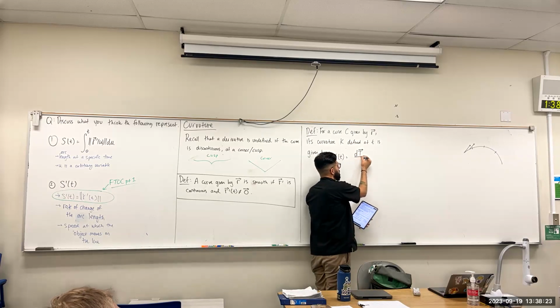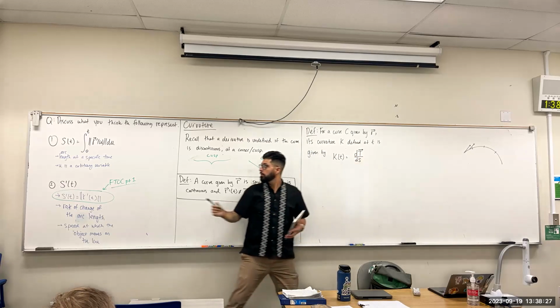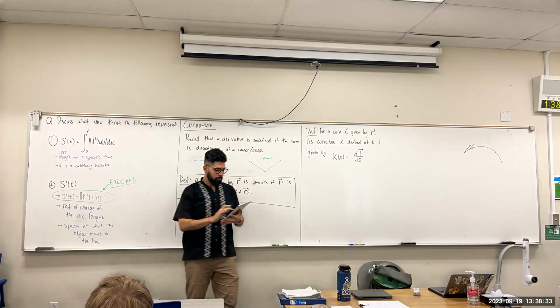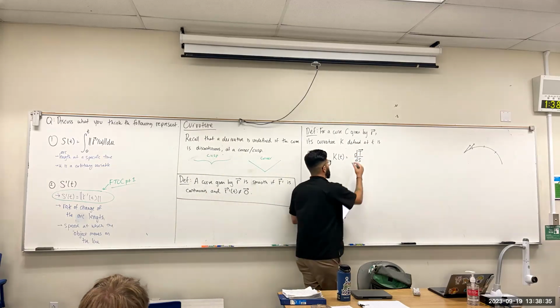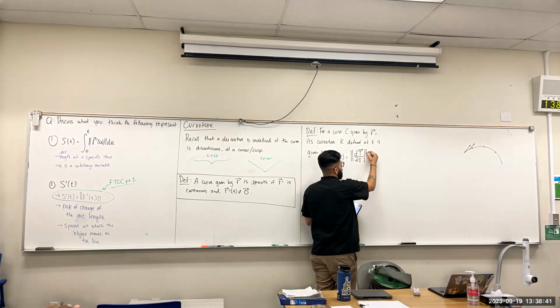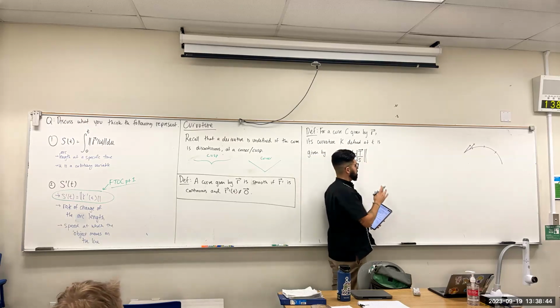The rate of how the unit tangent vector changes with respect to s, which is the arc length, okay? But this is going to give me a vector, so I want the magnitude because I want a number to tell me how curved it'll be.